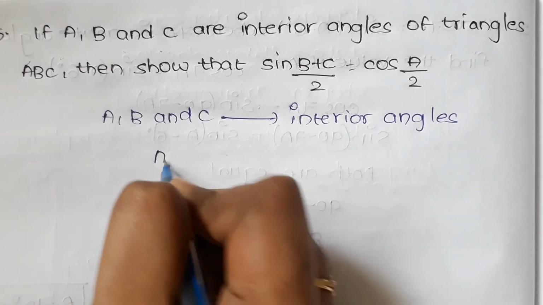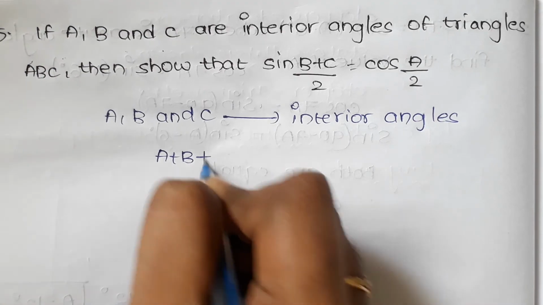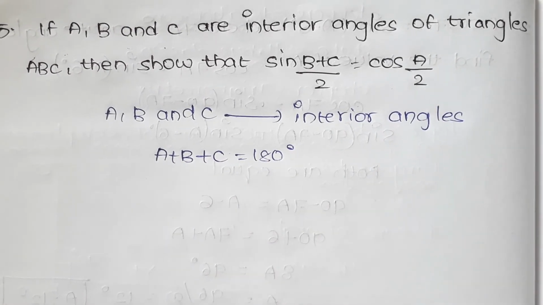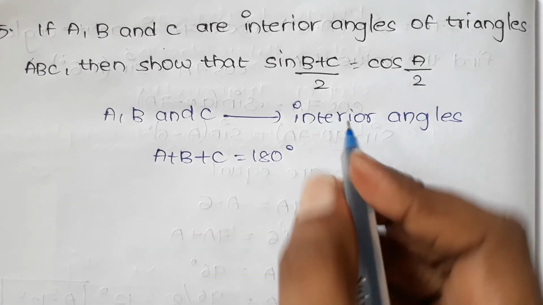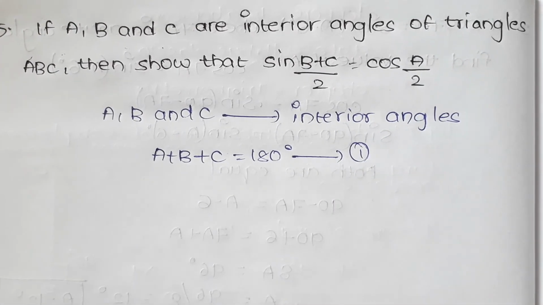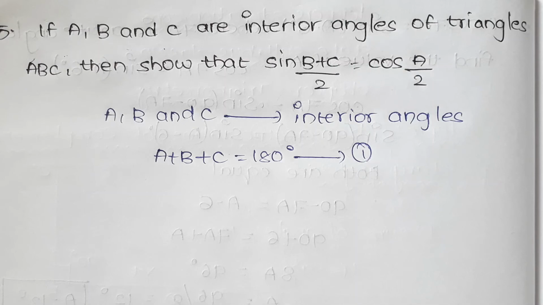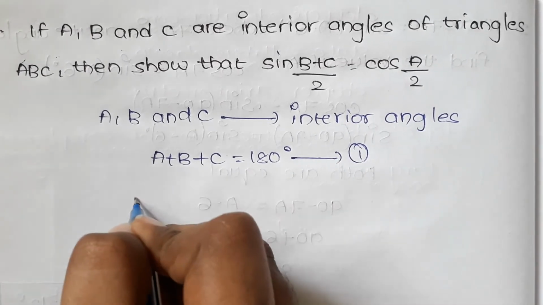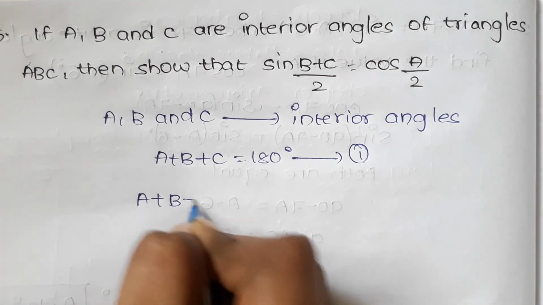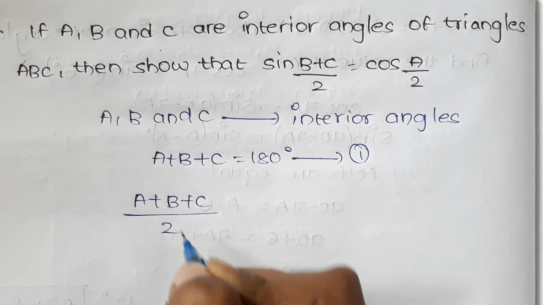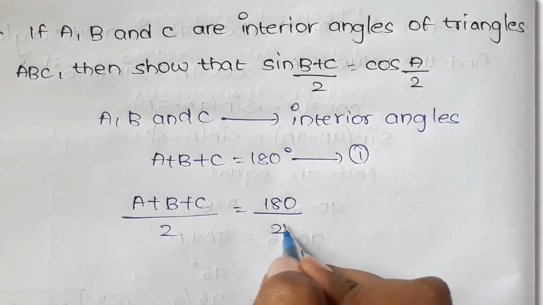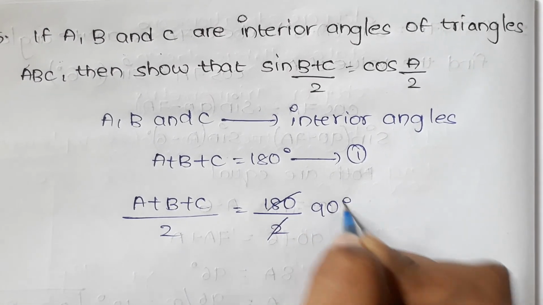In a triangle, the sum of the three angles is 180 degrees. This is equation 1. Let us divide this by 2. That is, (A plus B plus C) by 2 equals 180 by 2, which is 90 degrees.